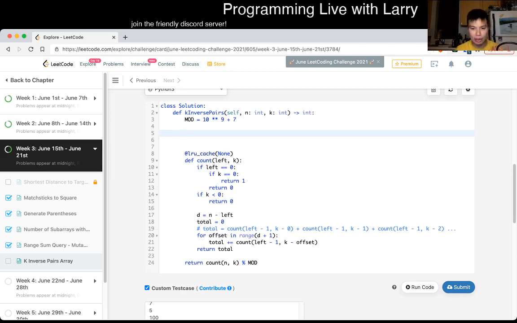So the idea is, let's convert this to bottom up, and then we can do the prefix sum that way, right?